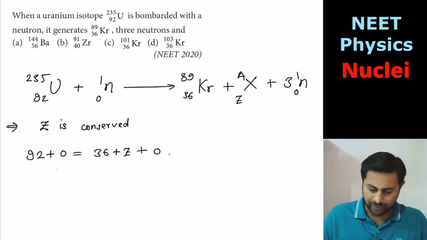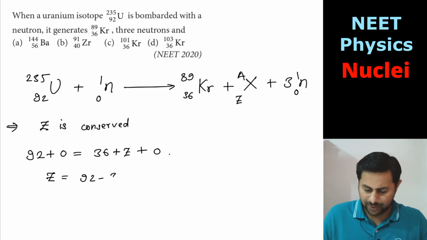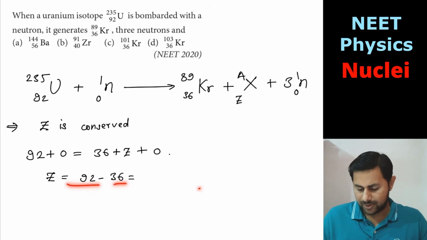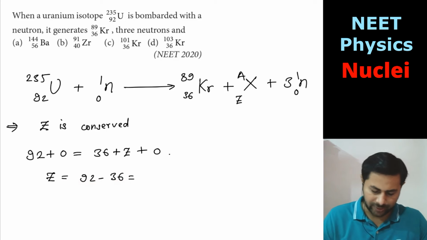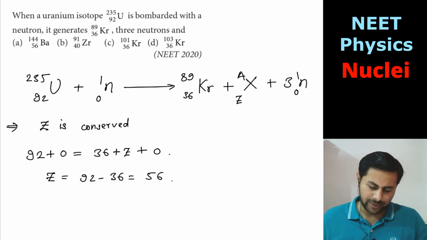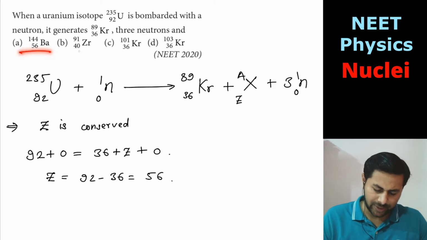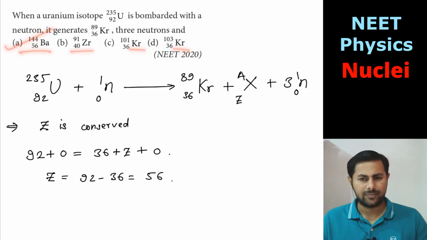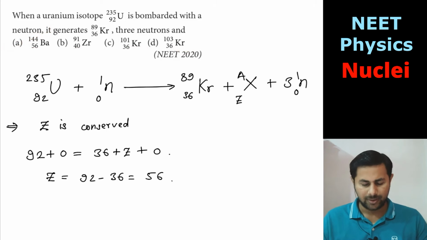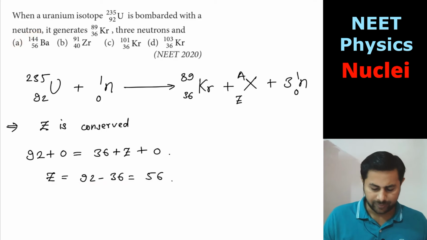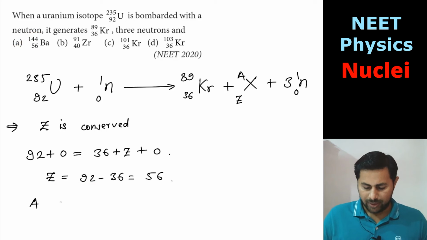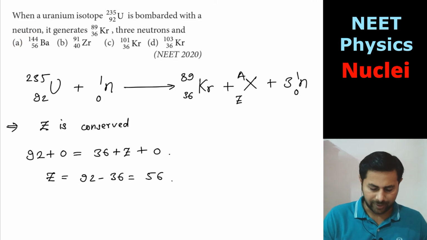Therefore Z is equal to 92 minus 36. 92 minus 40 will give me 52, 52 plus 4, 56. So it is option A only. That's the answer, right? So here itself you get the answer, but if you want to confirm, you can check it using the conservation of mass number. A is also conserved.